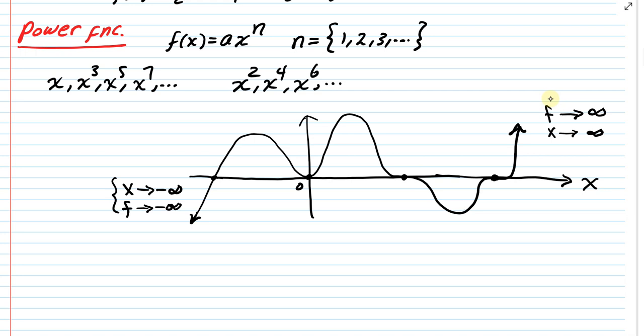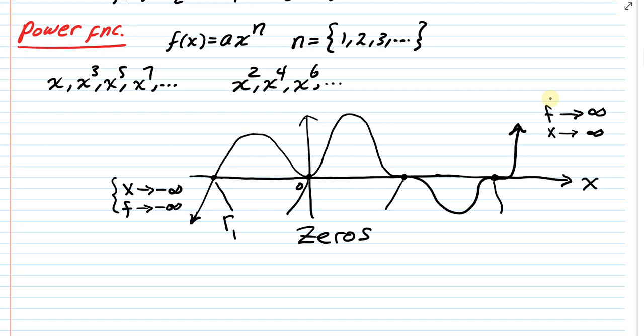Okay, now these points where the graph either touches or goes through, doesn't matter for this. These are called the zeros of that function. So zeros of the function are usually shown with the letter c, or the letter r.